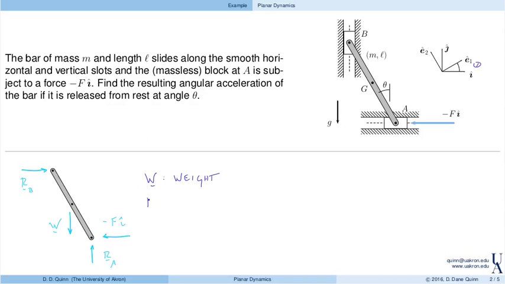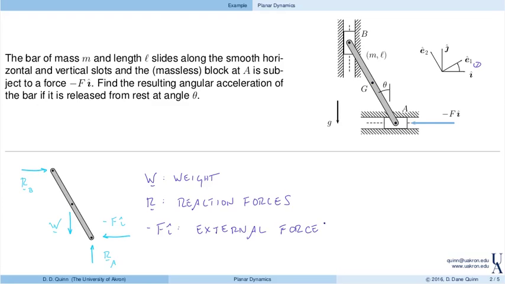So in addition to the weight, we have reaction forces and the external force minus F in the I direction. So these are all the forces that act on this bar.